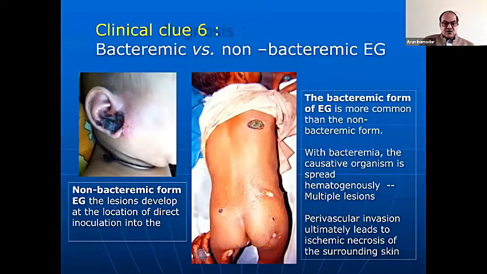The lesions develop at the location of the direct inoculation into the site. Whereas the bacteremic form of EG is more common than the non-bacteremic form. With bacteremia, the causative organism is spread hematogenously. You find multiple lesions because the perivascular invasion ultimately leads to ischemic necrosis of the surrounding skin also.